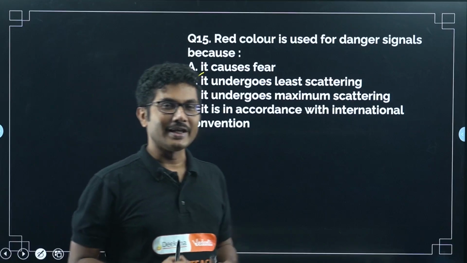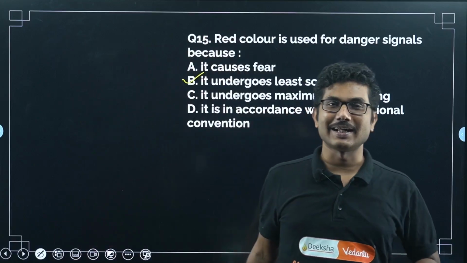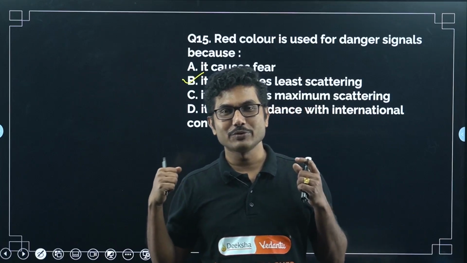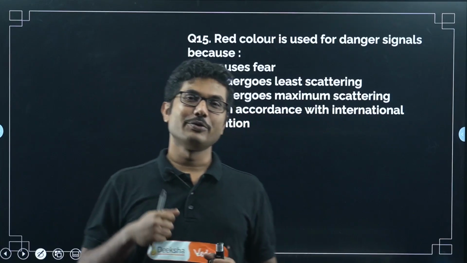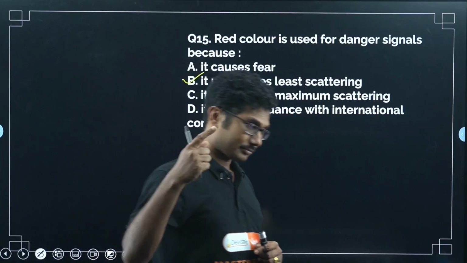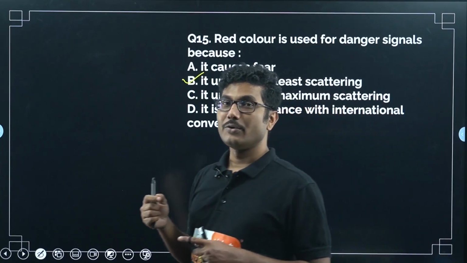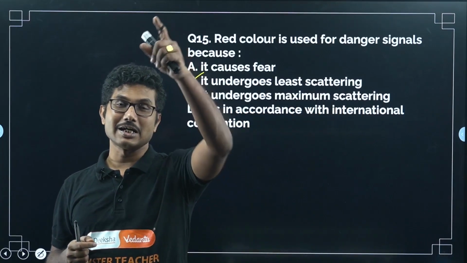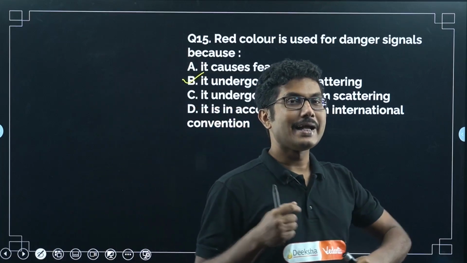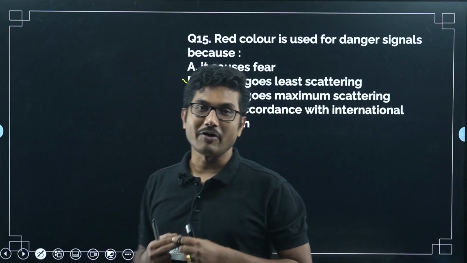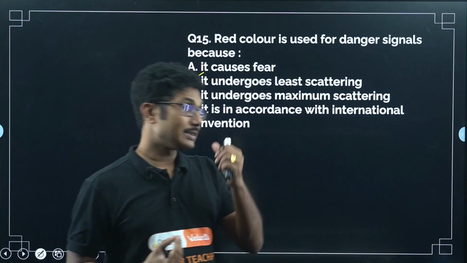If you are driving and you see a red signal from very far, you can slow your vehicle down so that you don't run past. Similarly, a train is moving at a very high speed, and if the driver sees a red light from afar, he has the time to slow the train down so that we can avoid any mishaps. This is the main reason.